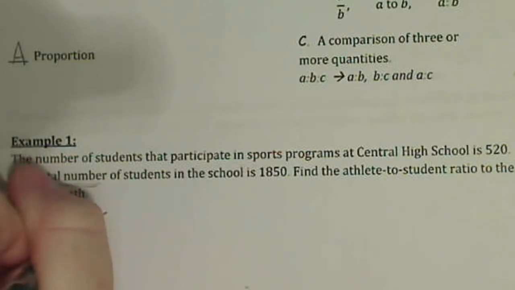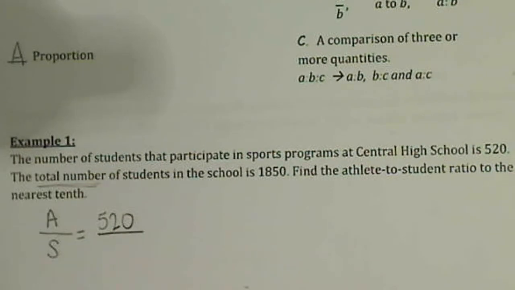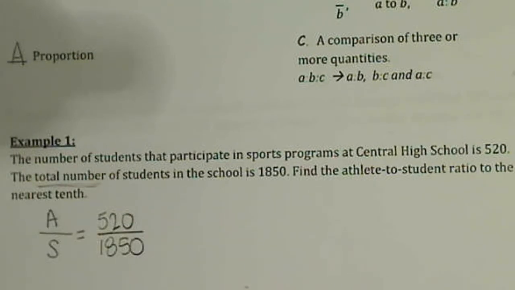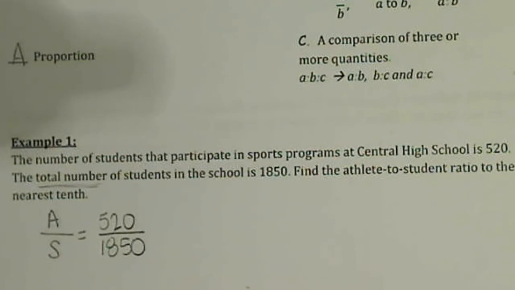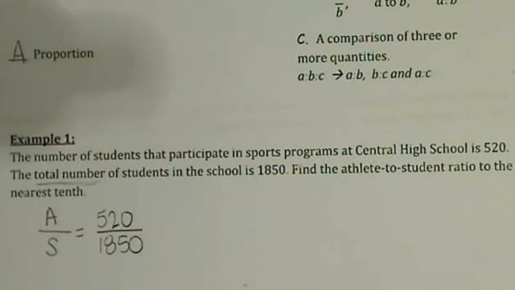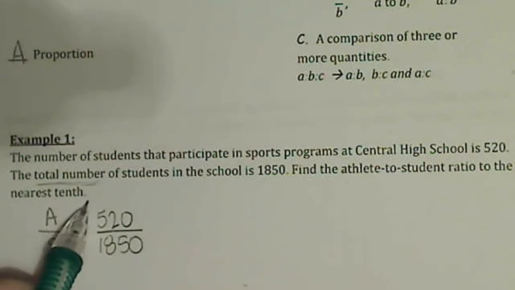We know that there's 520 athletes, or people that play sports, out of the 1850 students that go to the school. Now, normally we would just reduce this, but you have to read directions because it tells you to find it to the nearest tenth. That should tell you to divide these.